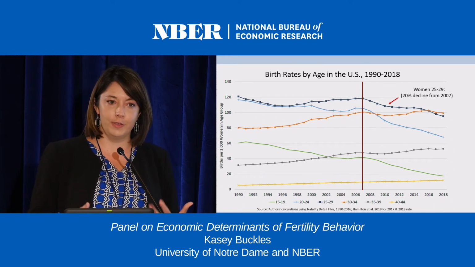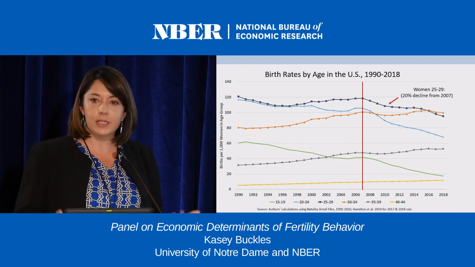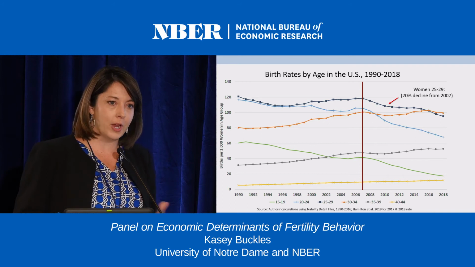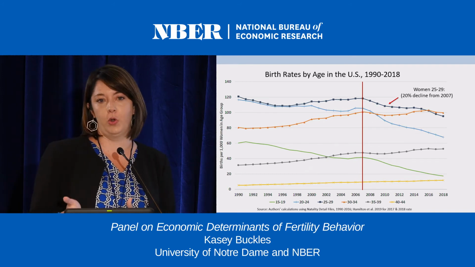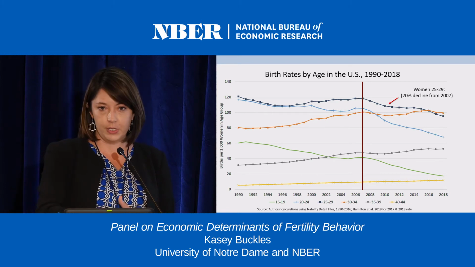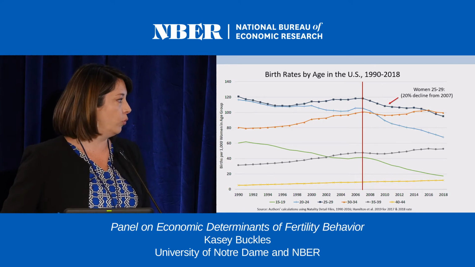So hopefully you've gotten this sense at this point in our panel that the fertility decline that we're making so much of in the press, and that we're paying so much attention to, is absolutely a story of young women, fertility falling for women under 30. It's staying flat or even increasing for women over 30.